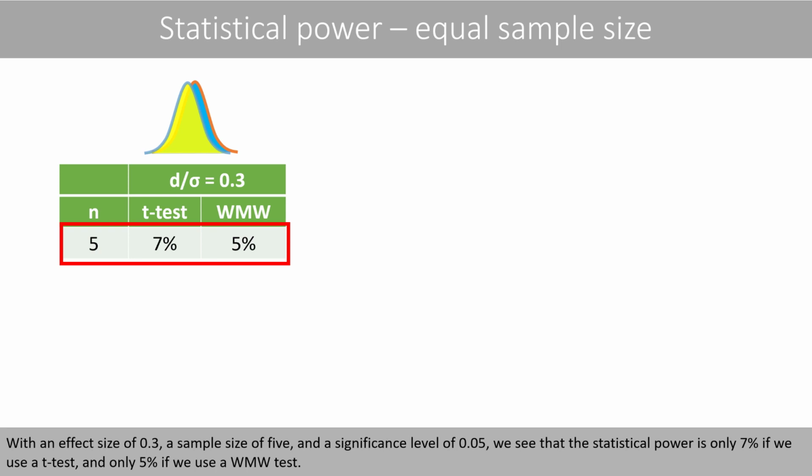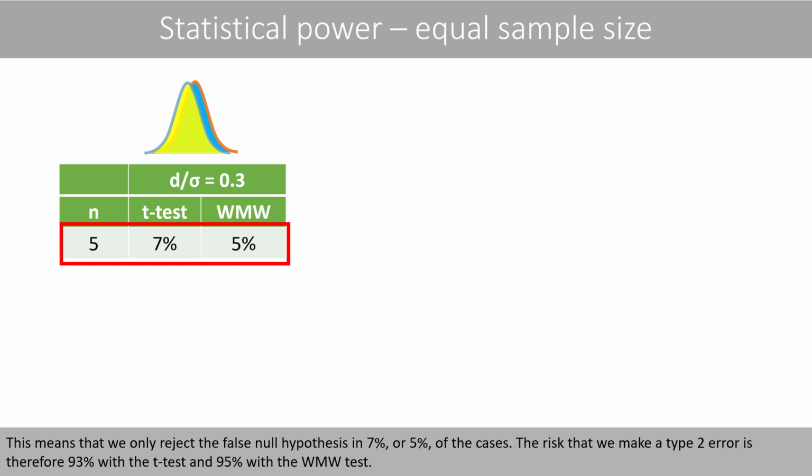With an effect size of 0.3, a sample size of 5 and a significance level of 0.05, we see that the statistical power is only 7% if you use a t-test and only 5% if you use a Wilcoxon Mann Whitney test.